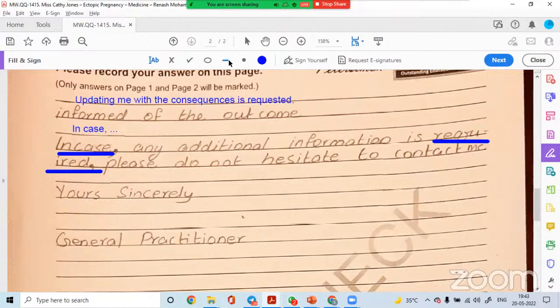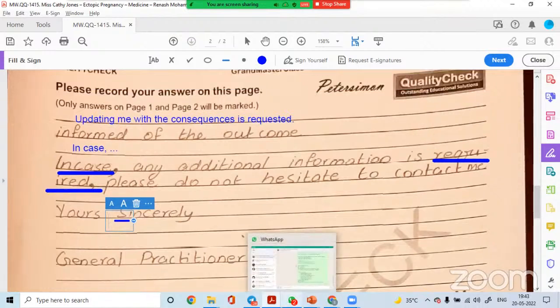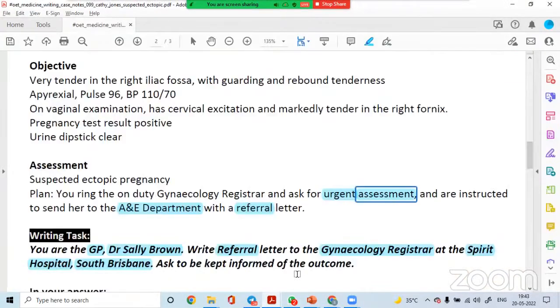Okay, next one. Why are you writing a capital letter for sincerely? You have no need to write a capital letter. It should be a small letter. Okay, general practitioner. And you are the general practitioner, and your name is Dr. Sally Brown. Why don't you write Dr. Sally Brown?